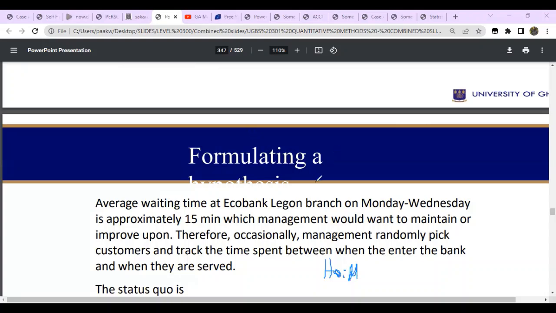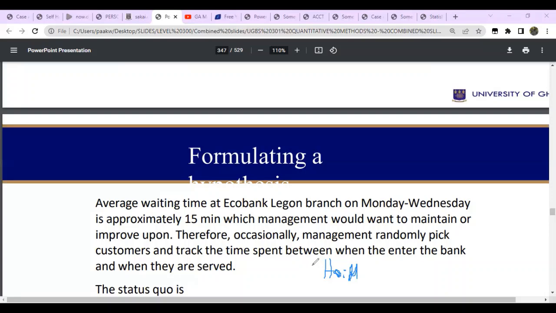So if someone tells you it's approximately 100 Ghanaian cedis, it means that the cost of that item can be 100 Ghanaian cedis or lesser than that.